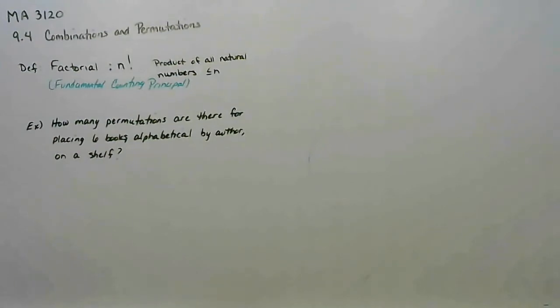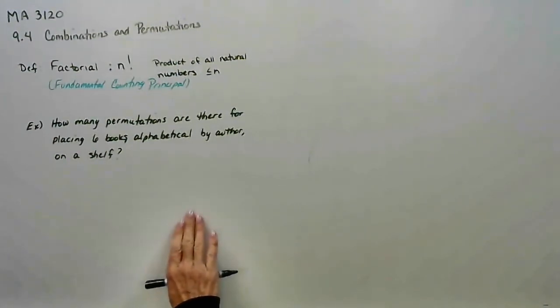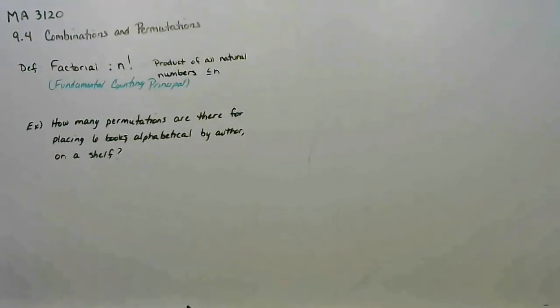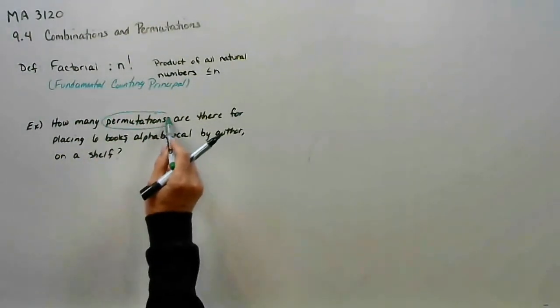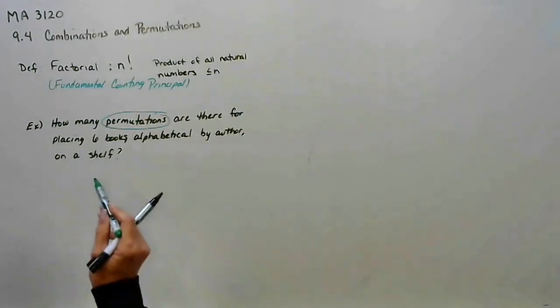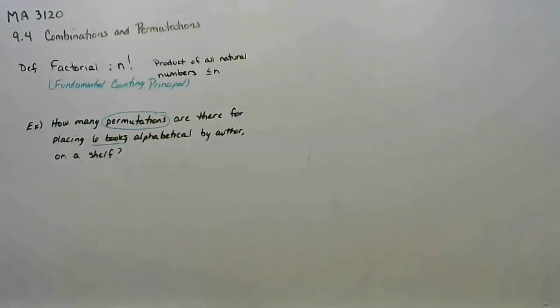And of course you can draw a tree diagram. You could have your first book and then your second book and then your third book, etc. I'm going to choose to list them. So first of all, I notice it says permutations. And I notice I have 6 books.